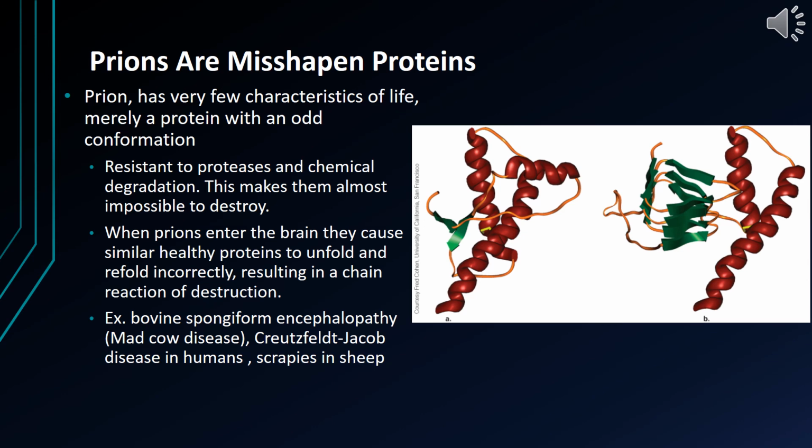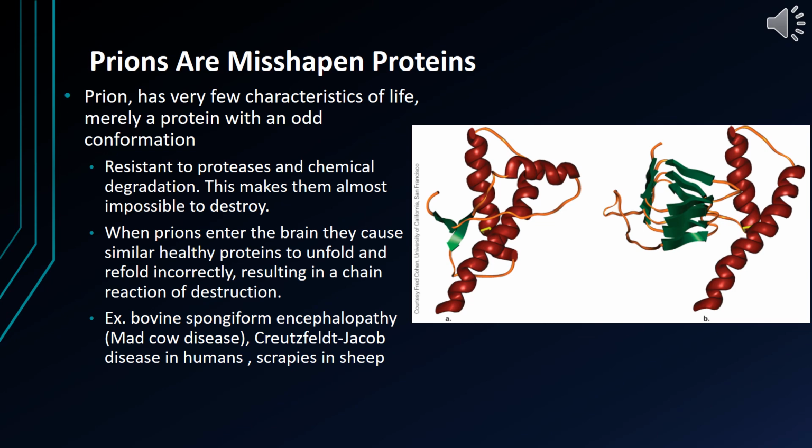When prions enter the brain, they can cause similar healthy proteins within the brain to unfold and then refold incorrectly, resulting in a chain reaction of destruction. So this unfolding and refolding actually works kind of like Alzheimer's does.